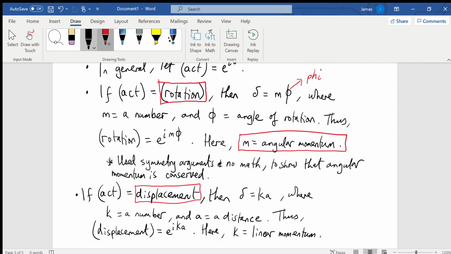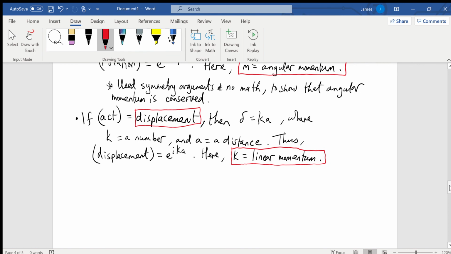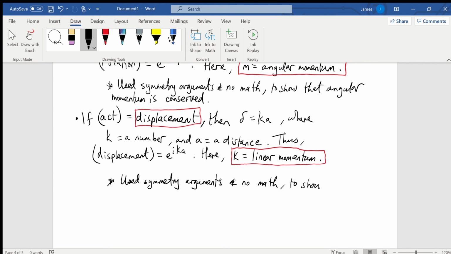Alright, so we've got displacement, we've got linear momentum, and we have just shown, we've used symmetry arguments and little to no math, so it can be done, to show that linear momentum is conserved.